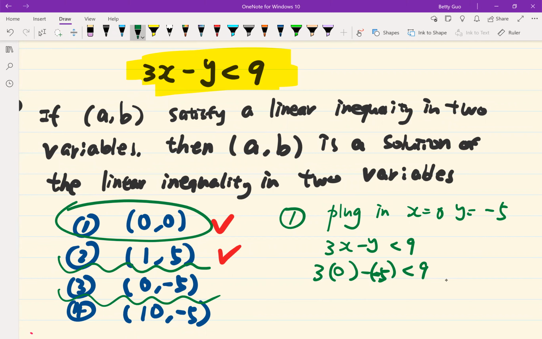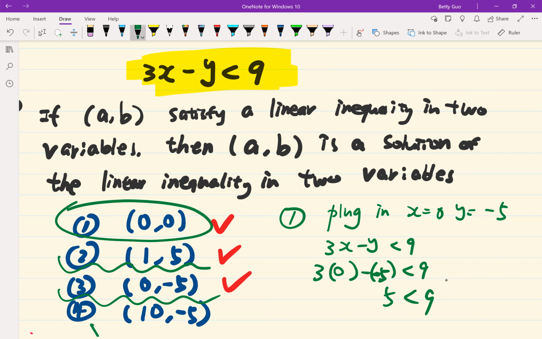What is 3 times 0? 0. Minus -5 is positive 5, yeah. So we have 5 is less than 9. True or false? True. Okay, we got another solution.